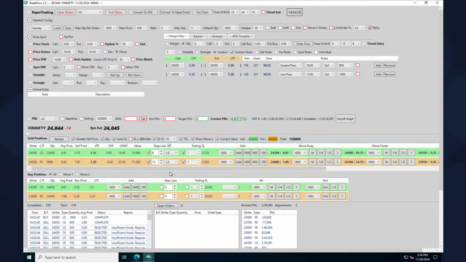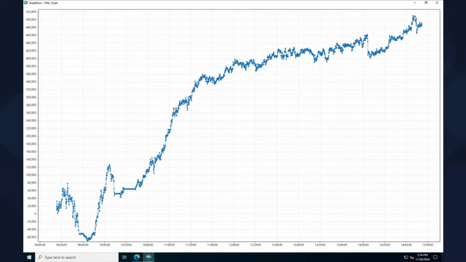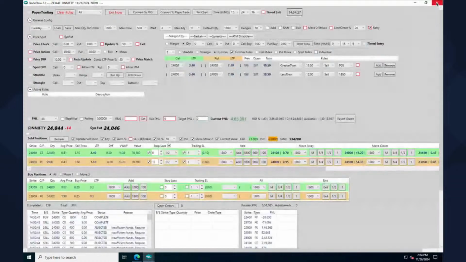All right, so I was away from the desk for a minute. What is happening? Okay. In the peak, it went to 5 lakhs, I think, but that's all right.